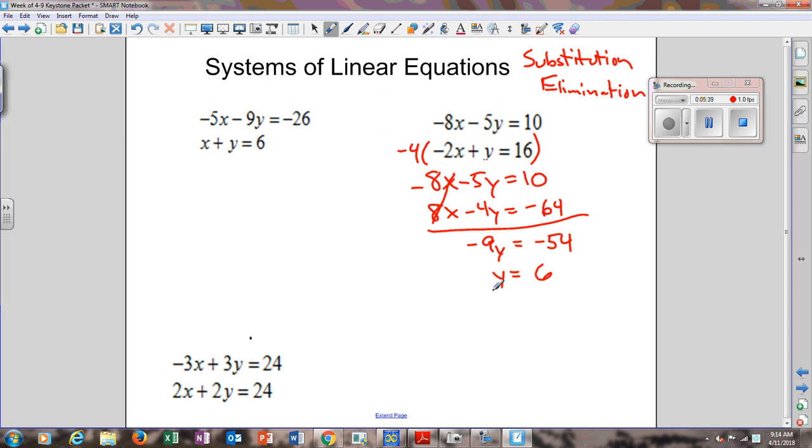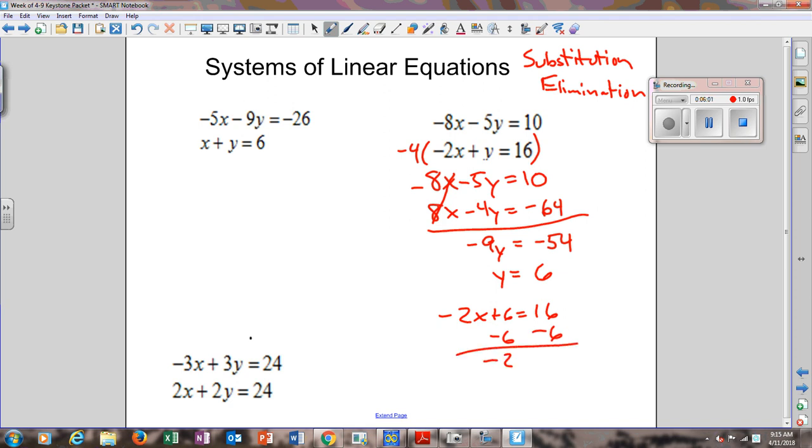Now you take that y equals 6 and plug it into either one of these equations in the original. Now I'm going to plug it into this one because I don't have to multiply it by anything or do anything with it. So this will be negative 2x plus 6 equals 16. And now I solve. Subtract 6.